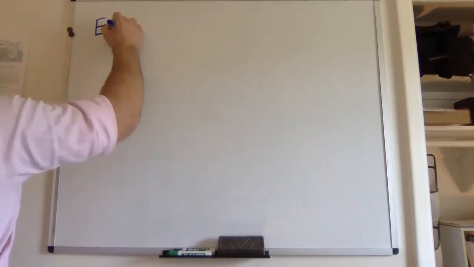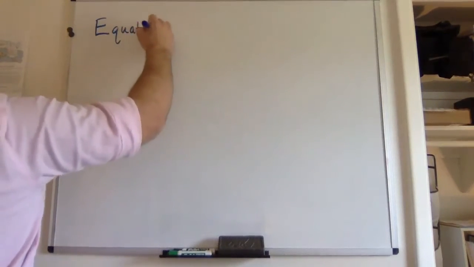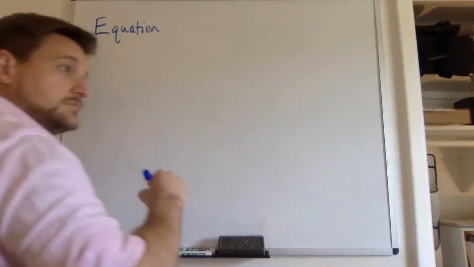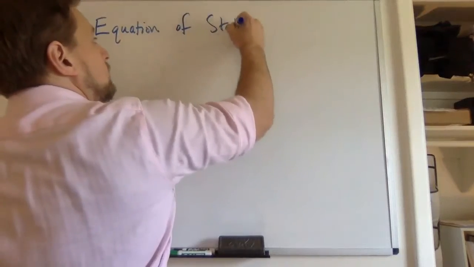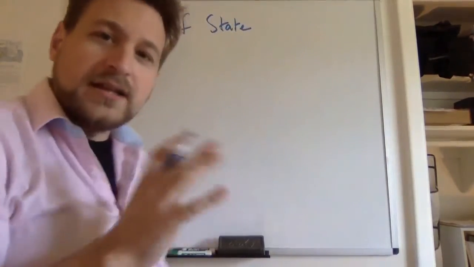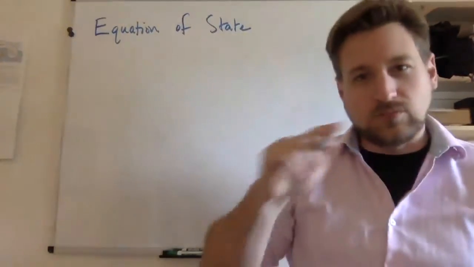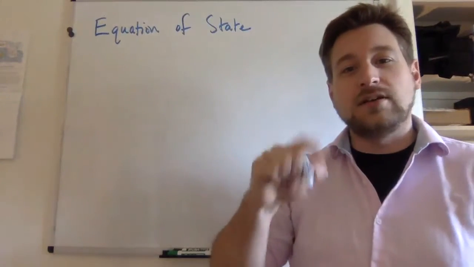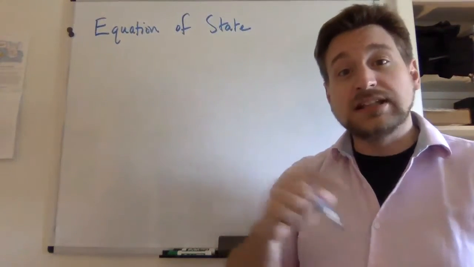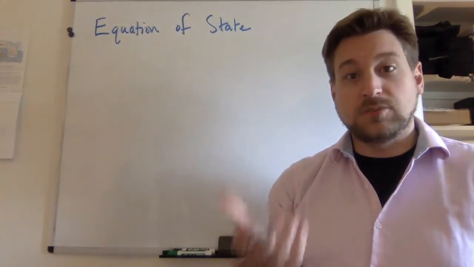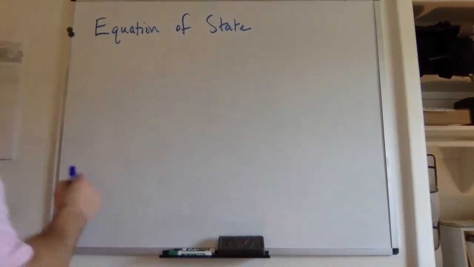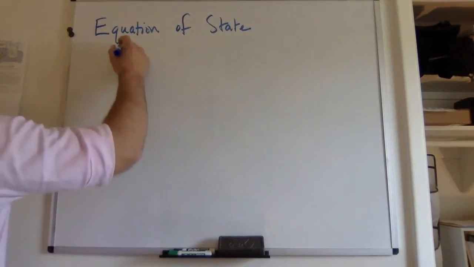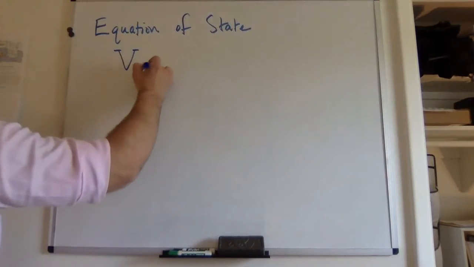means that we need to either think about, if we can't express it explicitly, or maybe we get lucky. Maybe things are well enough behaved that we can actually write down an equation of state, an equation that interrelates the properties that we can observe. We've talked a little bit about the volume of an object.